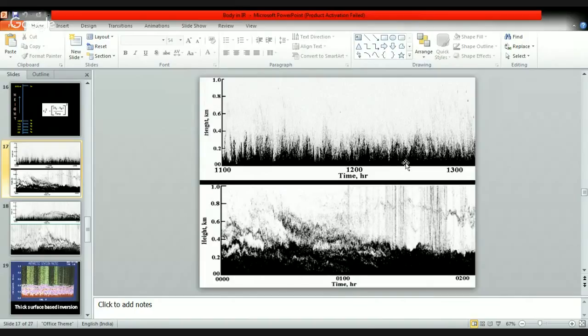In the daytime, temperature was decreasing with height. In the night time, the height up to which the temperature increases is called the surface-based inversion.